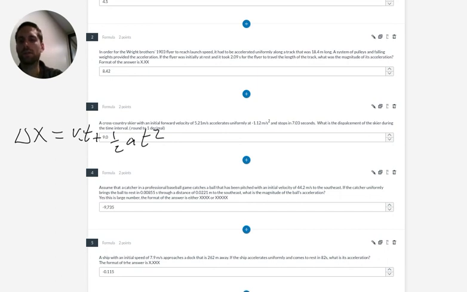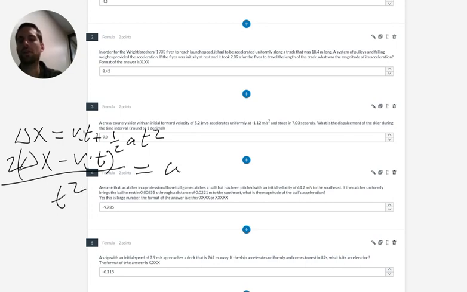So solving this, by subtracting both sides by v initial times the time, then multiplying by 2, and dividing by time squared, I isolate the variable a on one side.